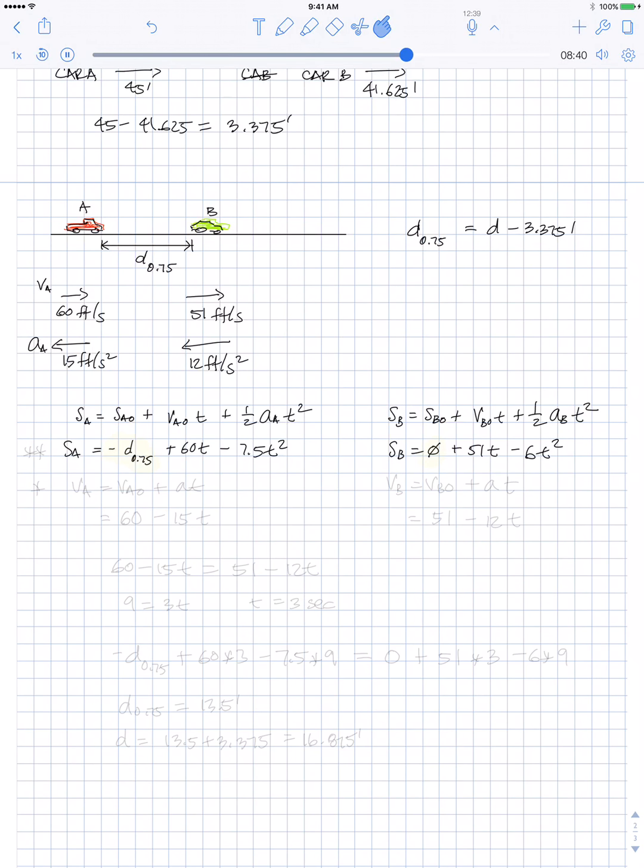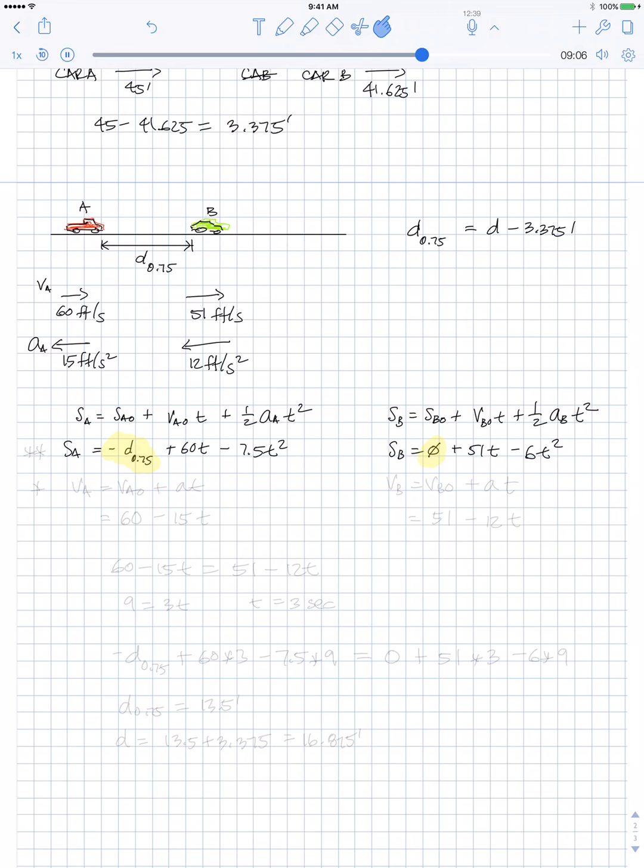What I want to really highlight here is that the initial position of car B I'm taking as 0. So that means the rear bumper of car B is the origin. And so therefore the initial position of car A is minus D 0.75 behind the rear bumper of car B.